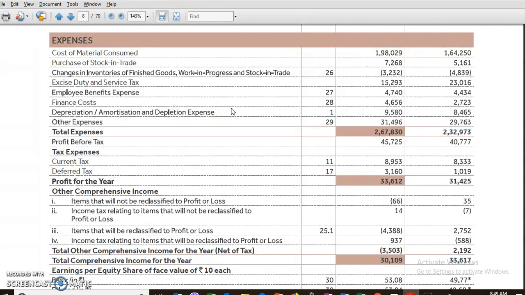Depreciation is nothing but a reserve, or you can say a provision, created to replace the assets in due course of time. It's also a matching concept, because the value of assets deteriorates over a period of time, so the cost of that asset needs to be matched with the revenues which you are generating.